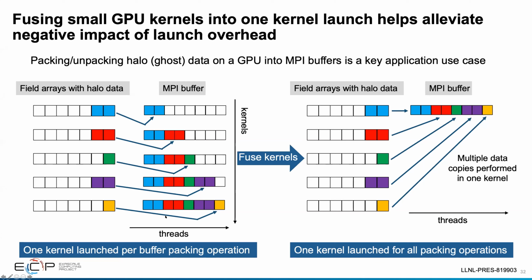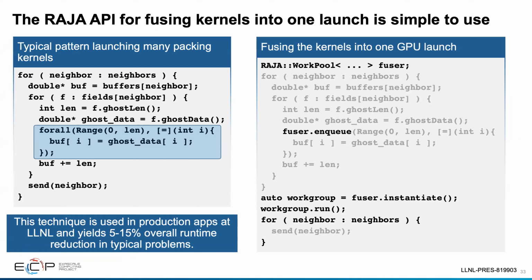So here we're doing multiple kernel launches to pack our MPI buffer. We found that a more efficient way of doing this is having a single kernel launch that does all of the packing for us. This approach is very useful because it lets us overcome the kernel launch overhead that we see with very small kernels.